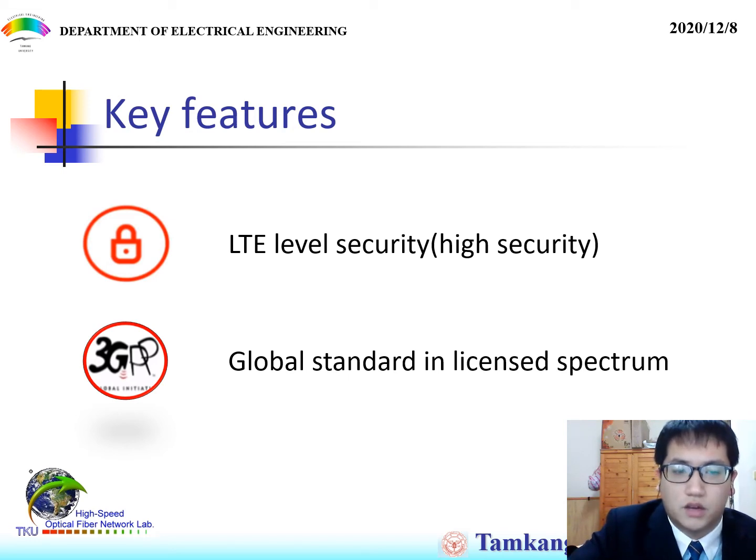Because NB-IoT is built on the LTE infrastructure, so it has the same level of security as LTE. For example, it will have certification and also have encryption. Global standard in licensed spectrum. It is set by 3GPP and it is globally versatile.